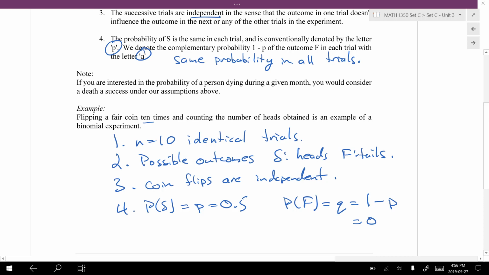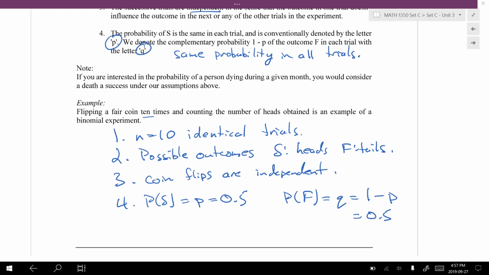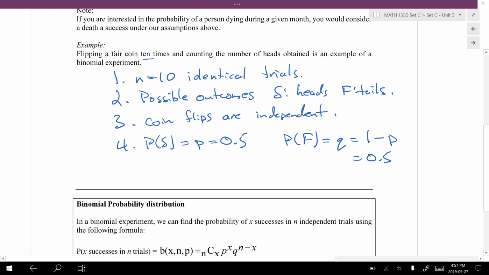This one is also a 50% chance. These probabilities could be changed. If it's not a fair coin, if it comes up heads 75% of the time, then p just changes to 0.75 and q just changes to 0.25. It's still a binomial experiment because each coin flip has the same possible outcomes. If you modify the coin in between trials, then it's no longer binomial. You're messing with the probability.